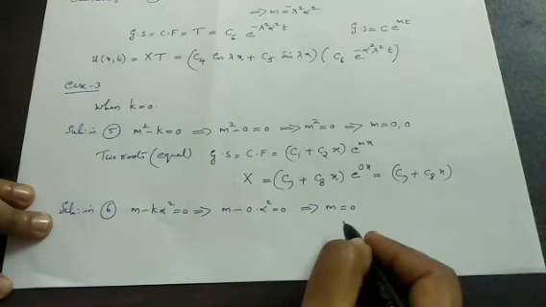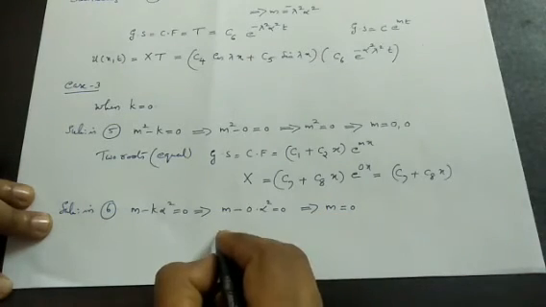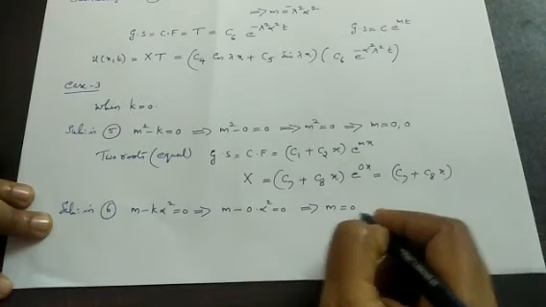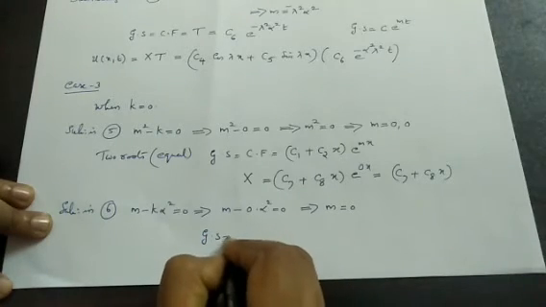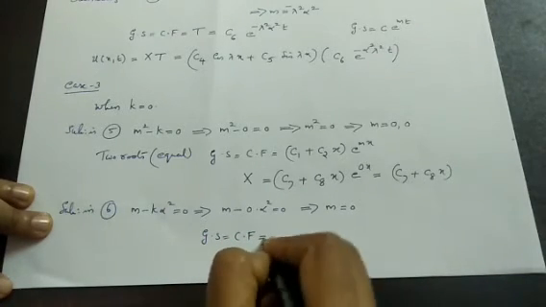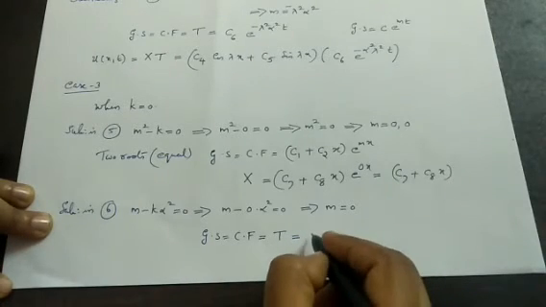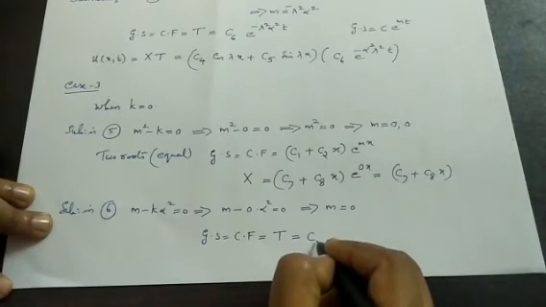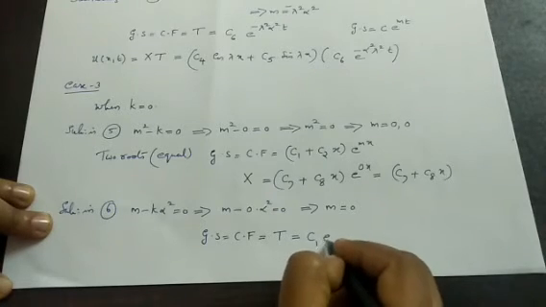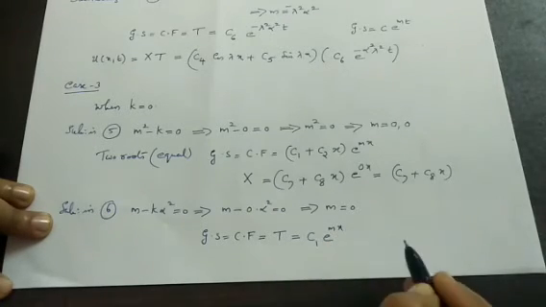Here we have only one root, so the complementary function or general solution can be written as T equal to c e raised to mx.